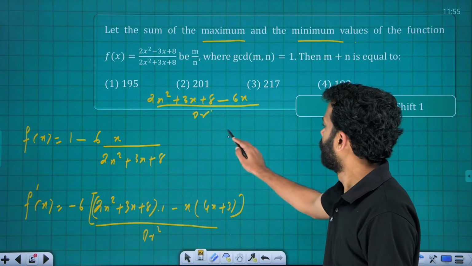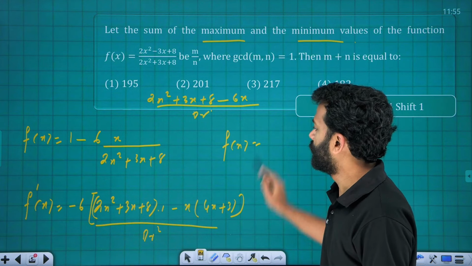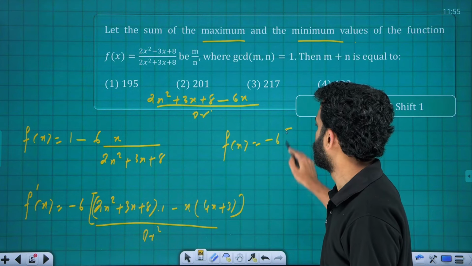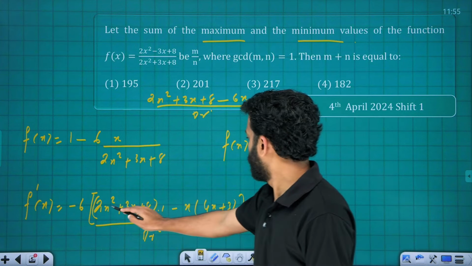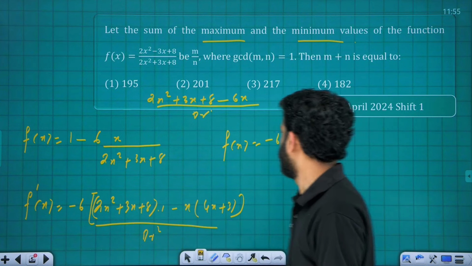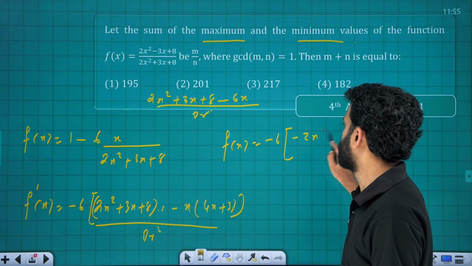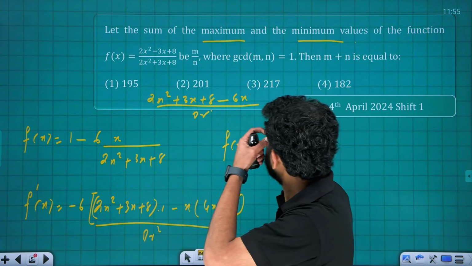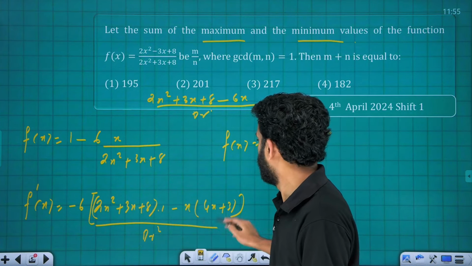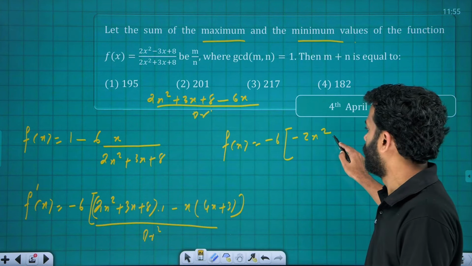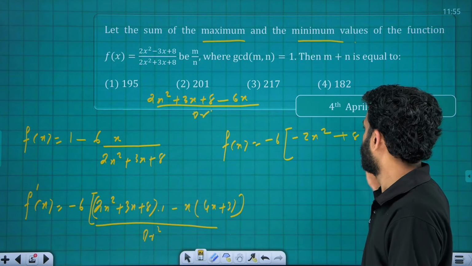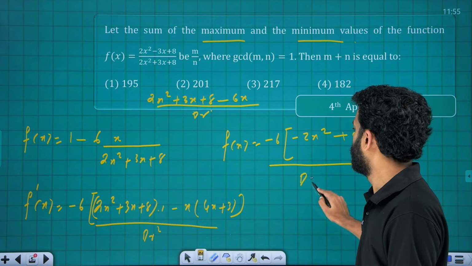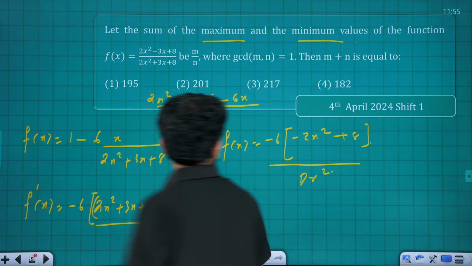That is f dash of x is equal to minus 6 into, how will you formulate this one? 2x² − 4x², that is minus 2x², and 3x − 3x got cancelled, and plus 8, divided by the denominator squared. Hope you are getting the idea here.